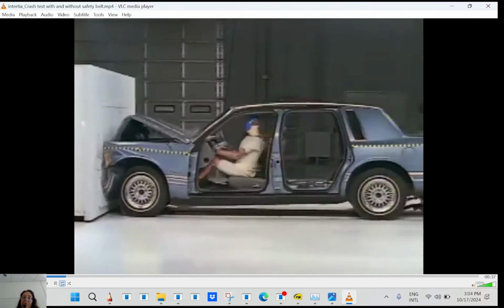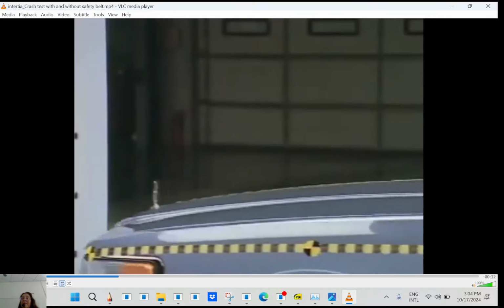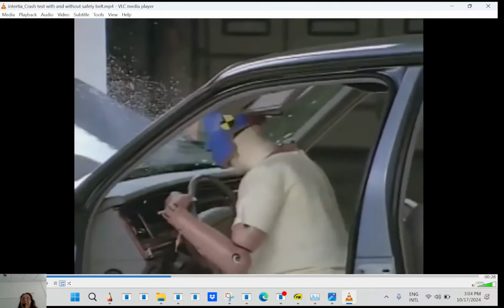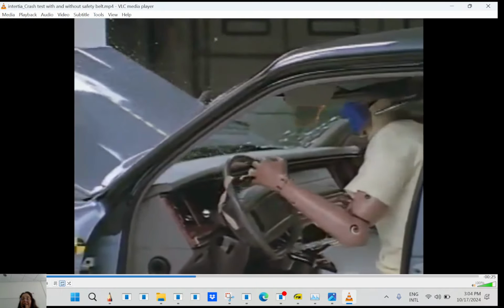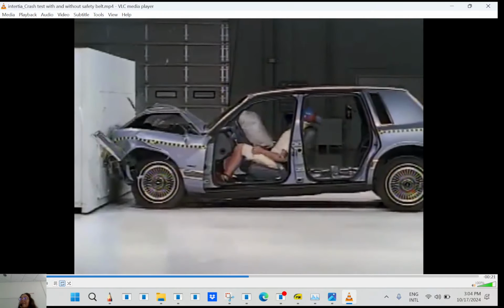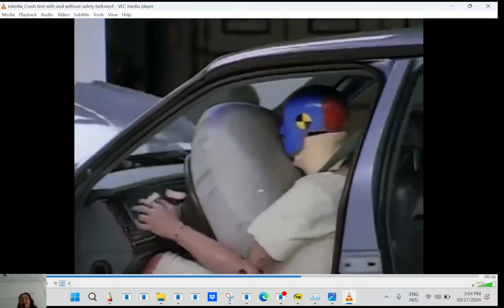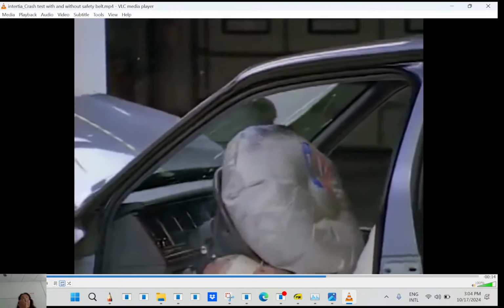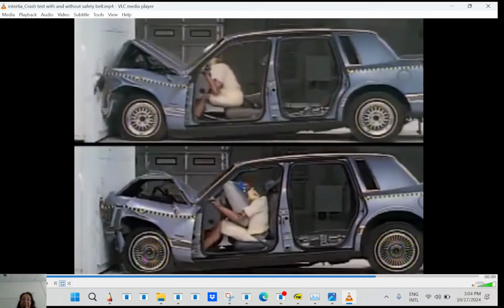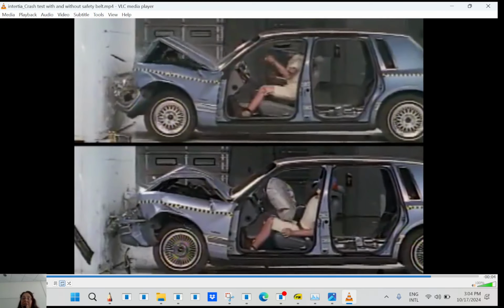The car is stopping, but not your body. Boom. Do you see? It wants to keep moving at the same speed in the same direction unless acted upon, boom, by a force. Oh, that's good. There is something to stop it, which is the airbag. The airbag increases the time of impact, so it decreases the impact. So remember, put your seatbelt on.